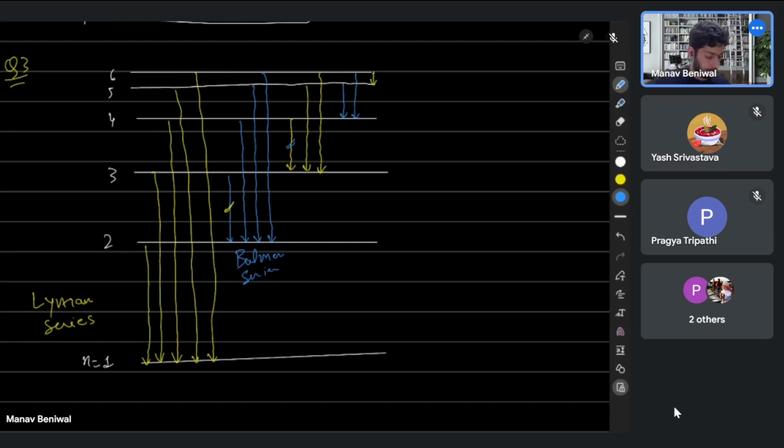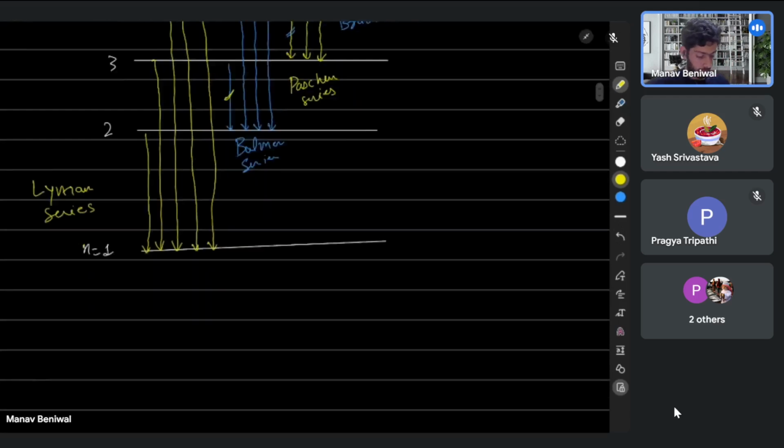And then your third one is your Paschen series. This blue one is your Brackett series, and this yellow is your Pfund series. Okay. So next question.